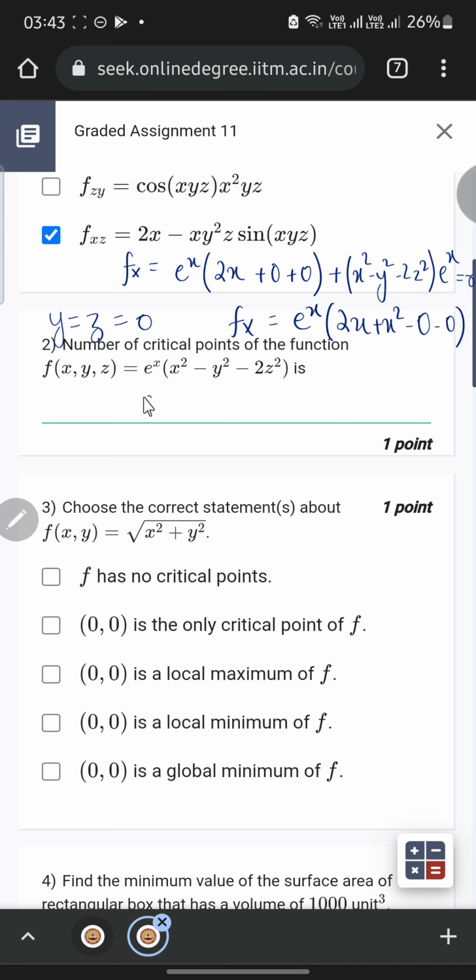So we can surely say that f of x is equal to e raised to power x into 2x plus x square, which would be equal to 0.